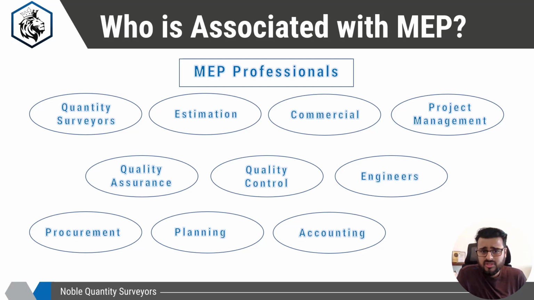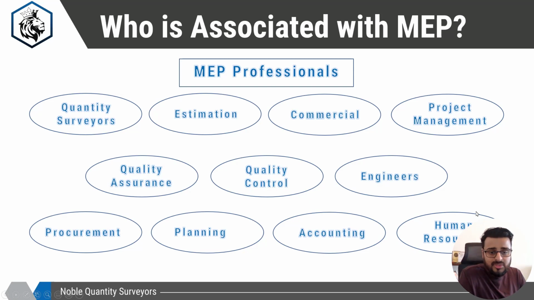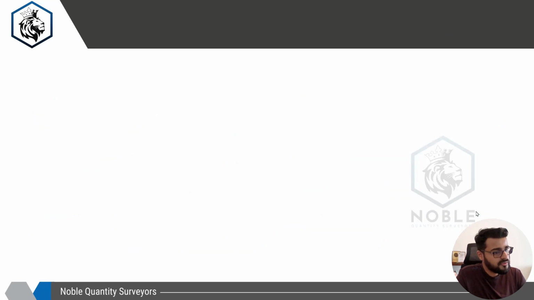This is what the accounting department will do. The next one is human resources. Human resources, we all know who they are. Those are the people who will hire and fire people for particular projects. So those are the MEP professions associated with the building construction works.